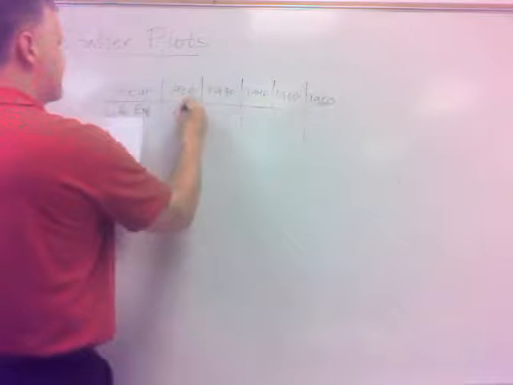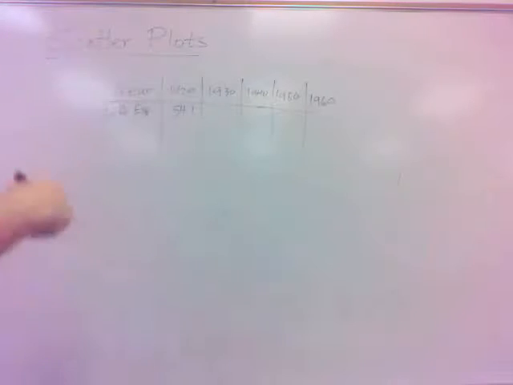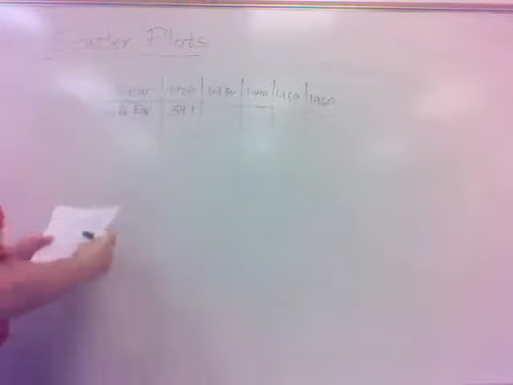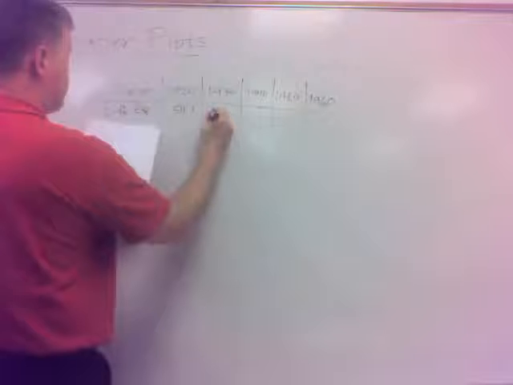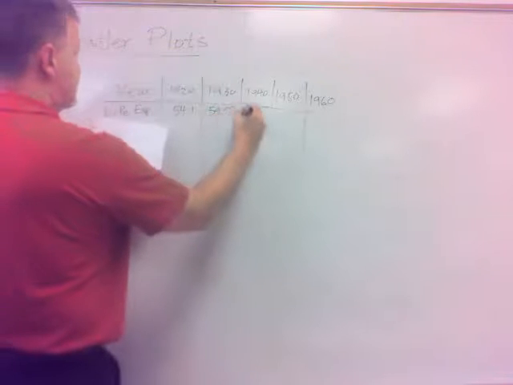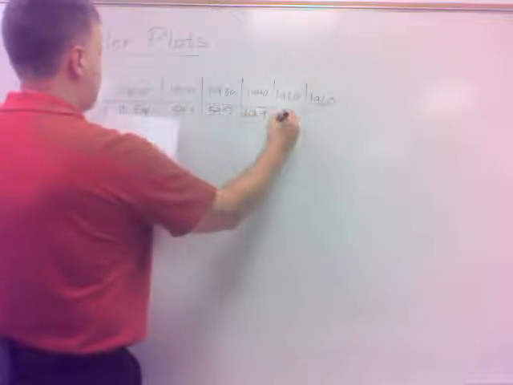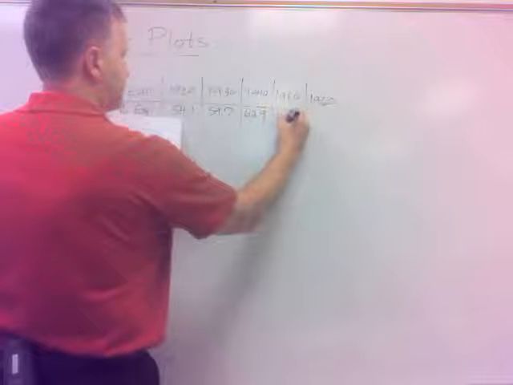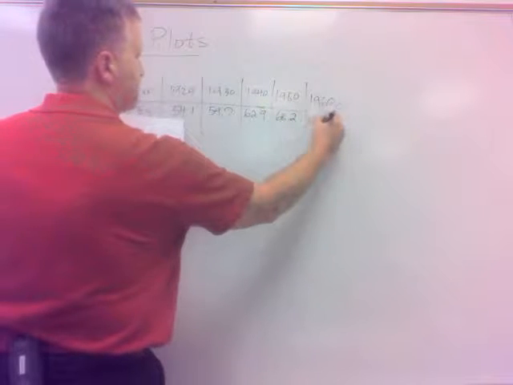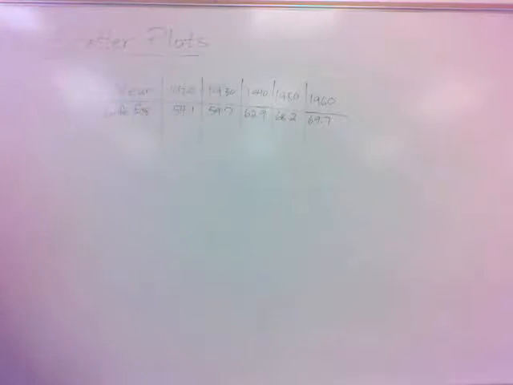And then the life expectancy, so the average lifespan in 1920 was 54.1 years, 59.7, 62.9, 68.2, and 69.7. So we're just examining the years a while back.